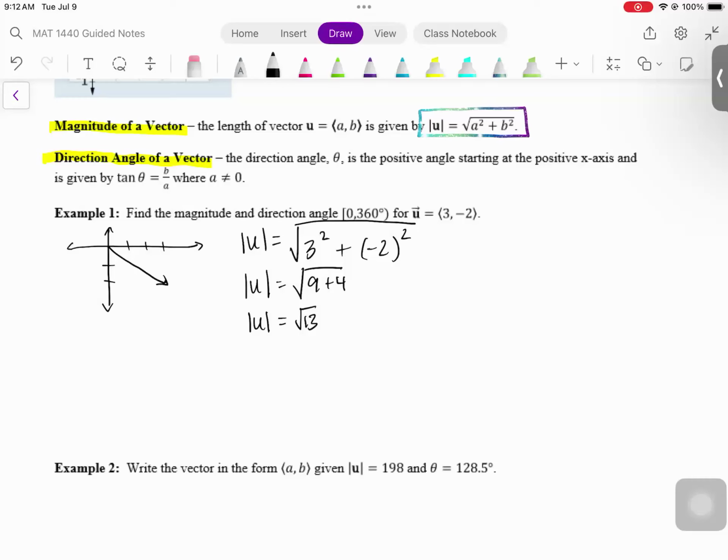Now to find that direction angle, remember the direction angle starts at that positive x-axis and is measured counterclockwise, just like we've measured angles in the past. So on our picture, we can see there's theta. But what we're going to use is this right triangle that we've created here in the fourth quadrant to determine our reference angle, theta prime.